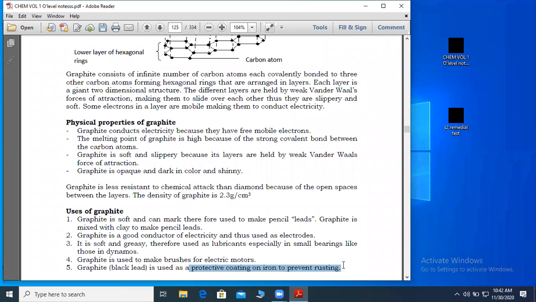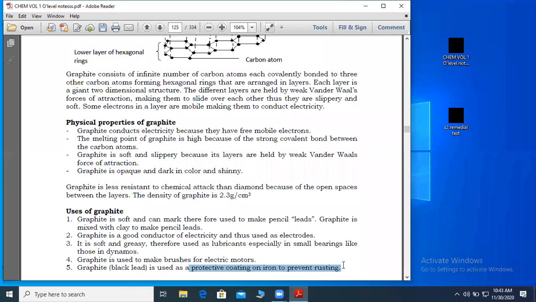That is what I wanted us to look at today, that introduction of carbon and its compounds. But I want you to note that diamond does not conduct electricity, but graphite does. The reason is in graphite, each carbon atom is bonded to 3 other carbon atoms.